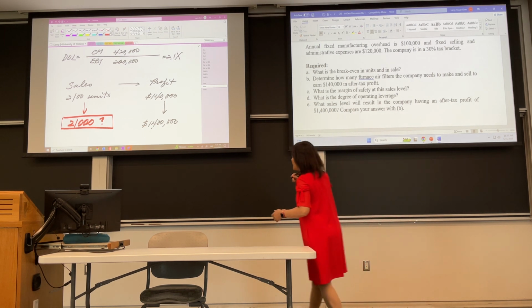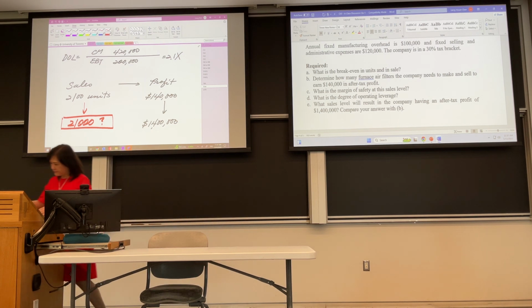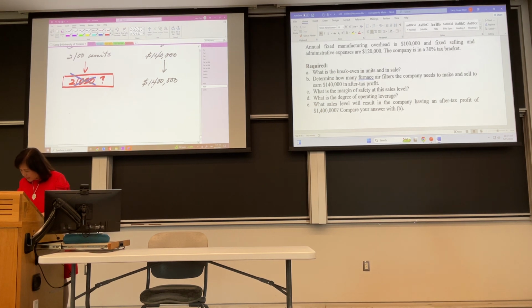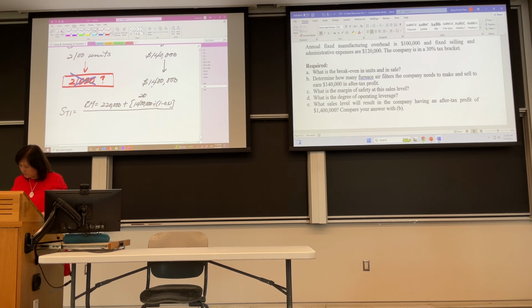Okay, so now let's take a look at this. Let's calculate, okay? So sales with target income: contribution margin, fixed cost doesn't change, 220,000. But now your profit changed. $1.4 million divided by 1 minus the tax. This is $2 million.